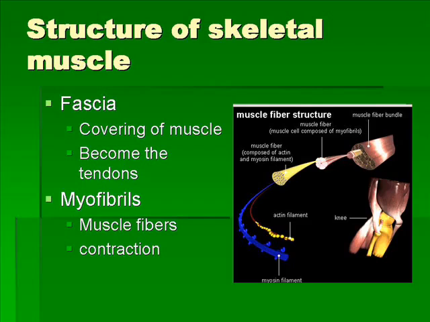Remember we talked about that earlier. So when you bend your arm, your radius, ulna, and humerus don't all pop apart from one another and just start wiggling around all over the place and constantly pop out of joint. It's the tendons that hold it there and keep that joint stable when you're bending it and flexing it, all that good stuff. So, the fascia is very important, but only found with skeletal muscles.